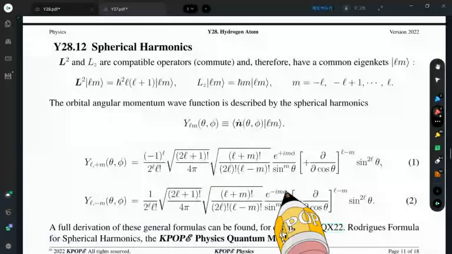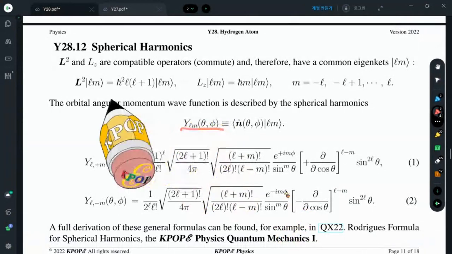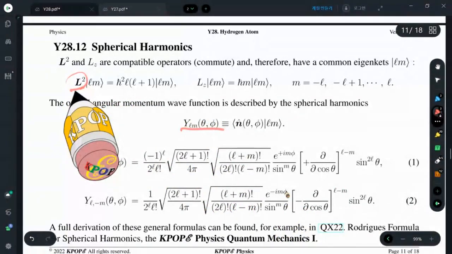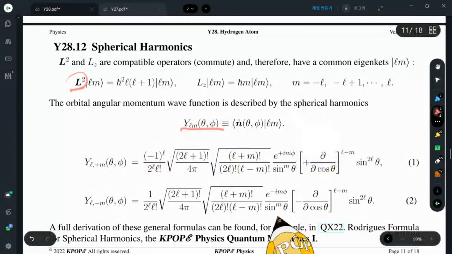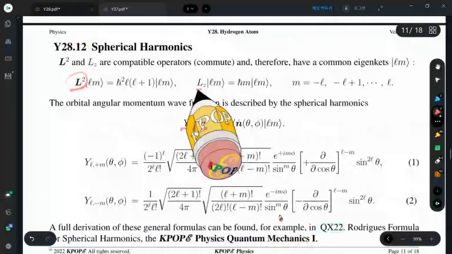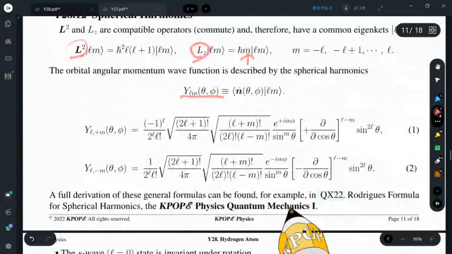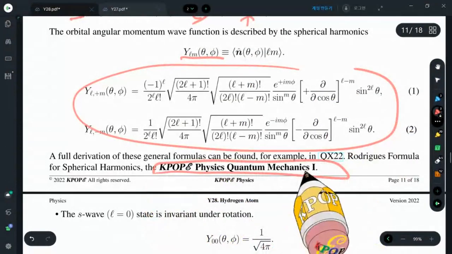The spherical harmonics is the theta-phi dependence of the wave function, and it has eigenvalues for the orbital angular momentum squared, that is l(l+1), and the z component will give this. The explicit form is also derived in these notes.